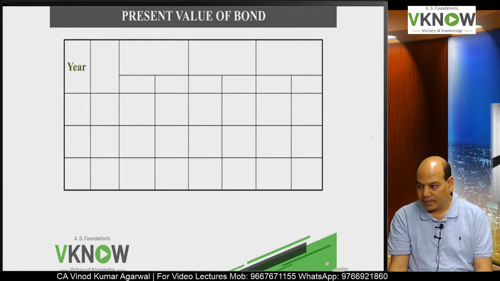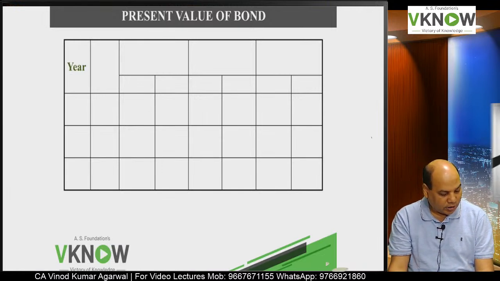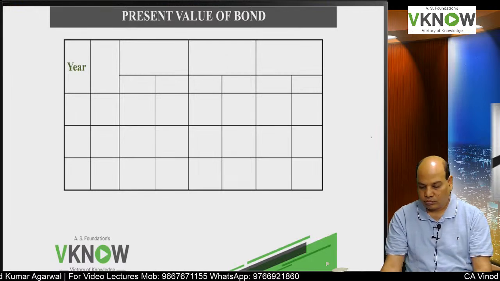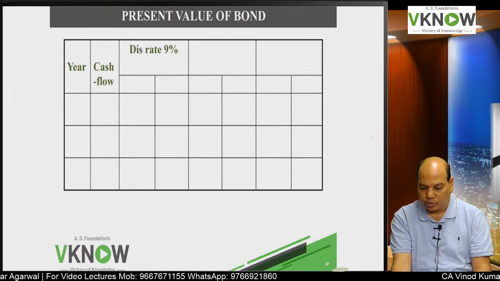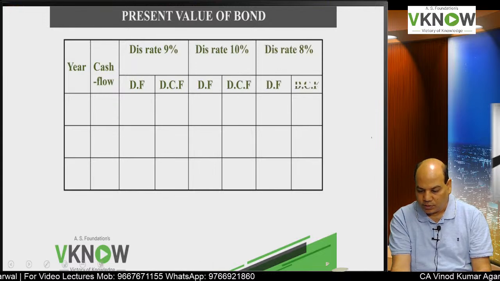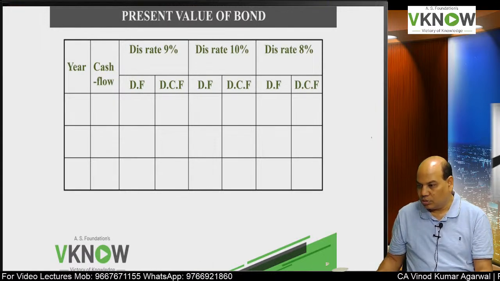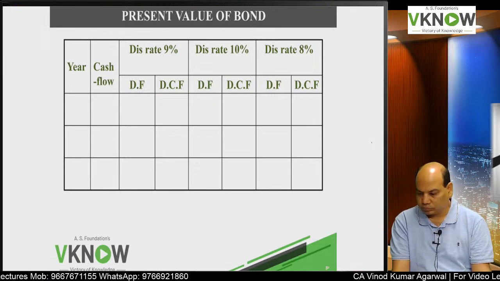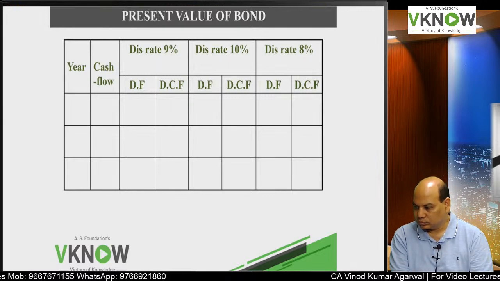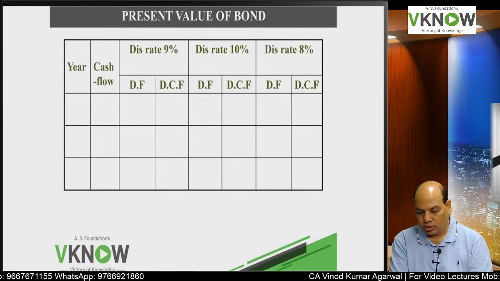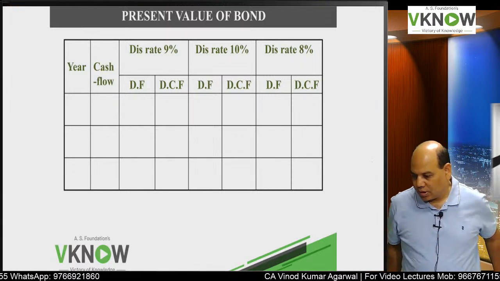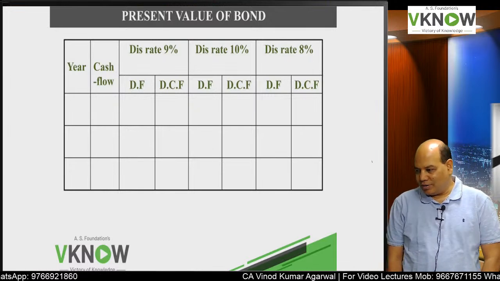Write down in your notebook: theorem 1 example, calculation of present value of the bond. Calculation of present value of the bond will follow the same format. In one table only we will solve all the three, right? Year, cash flow, discount rate 9%.